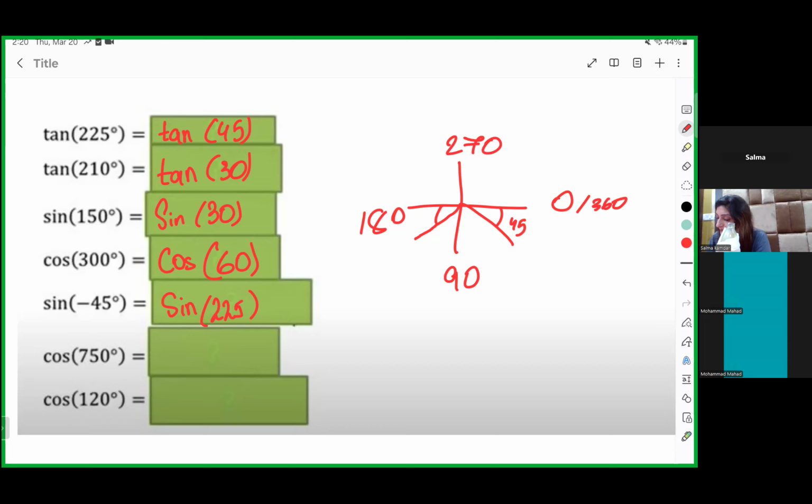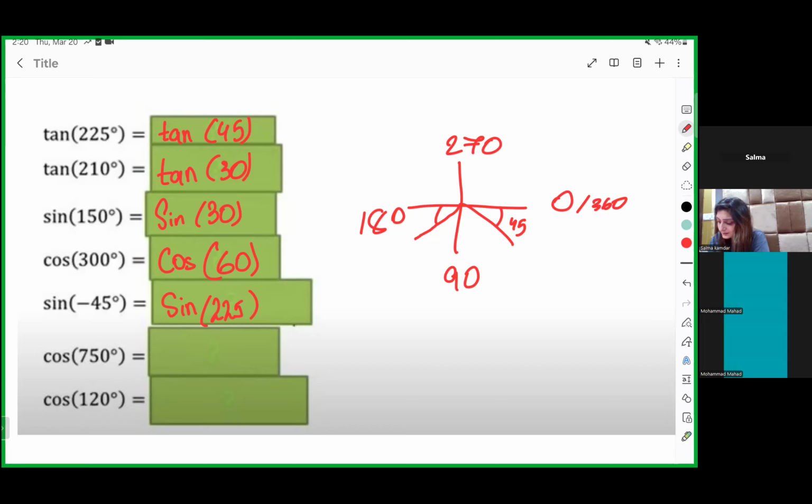One minute. 0, 90, 180, 270, 360. So where is 120? 120 will be in the second quadrant. CAST. How second quadrant? Because it's 120.